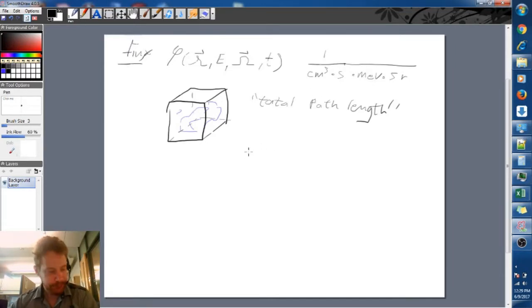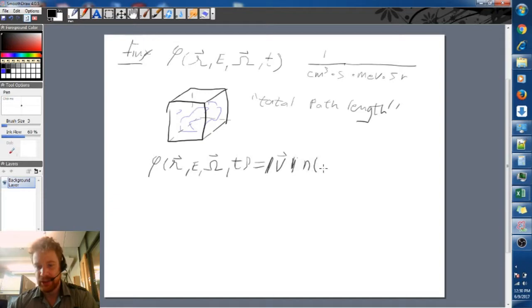It's total path length. And so we can write this: phi of r, E, omega, and I'll omit t for later on, equals the magnitude of the velocity vector, so our velocity, times the neutron density PDF, n of r, E, omega, t.